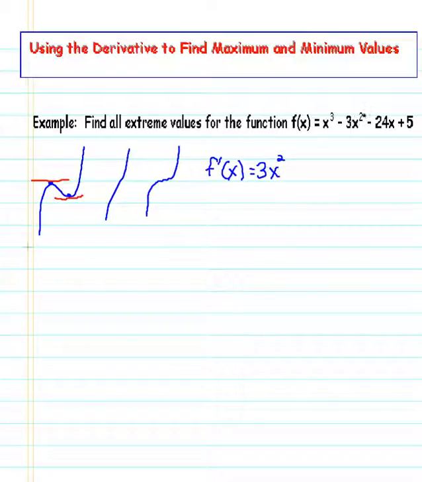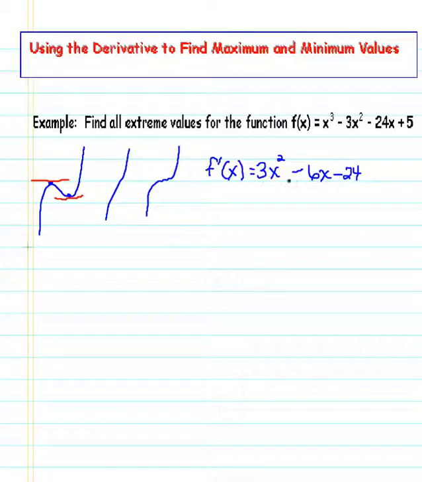The next term would be exponent 2 times negative 3, which is negative 6. Decrease the power by 1. That would become x to the first power. The next one has an exponent of 1. 1 times negative 24 is negative 24. Decrease the power by 1, and we get x to the 0 power, which is 1. Now, I won't be writing that. And the derivative of a constant is 0. So this is the slope of the tangent line.